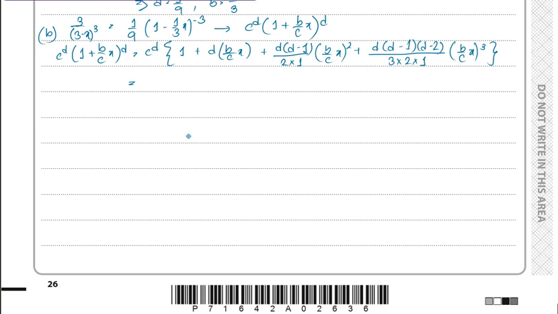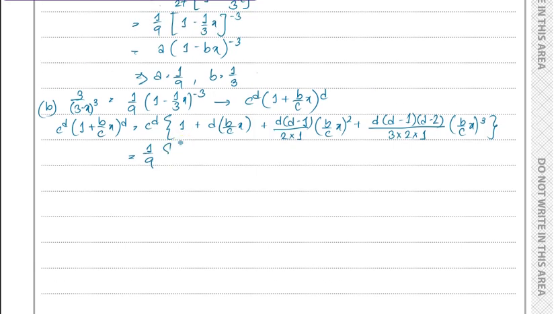And from that, we know C by D to be 1 by 9 here, right?